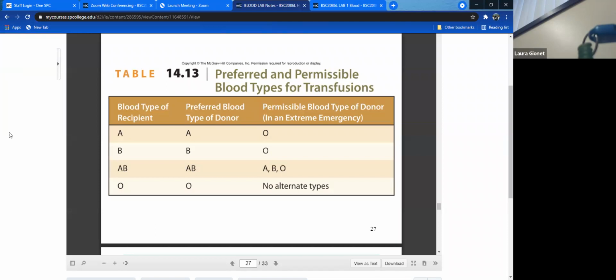So if the recipient is type A, and they make B antibodies, you can receive blood from a type A or an O person. Why?